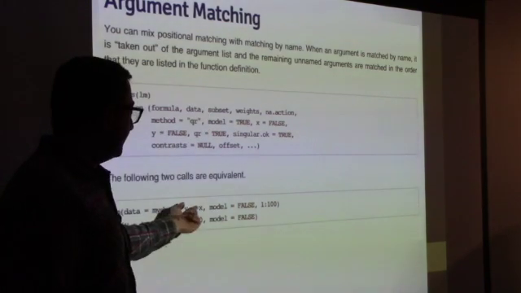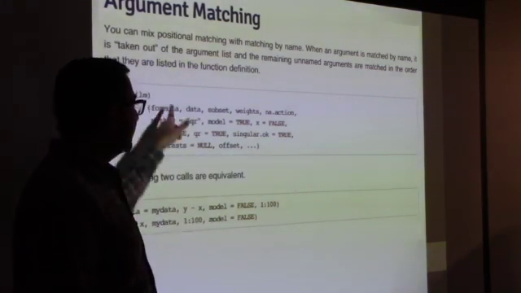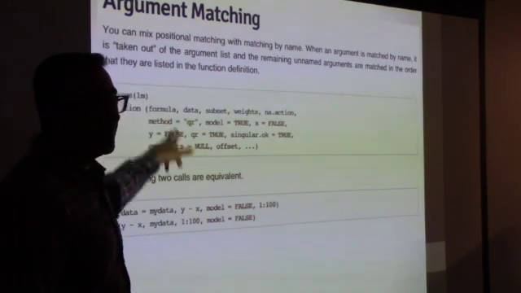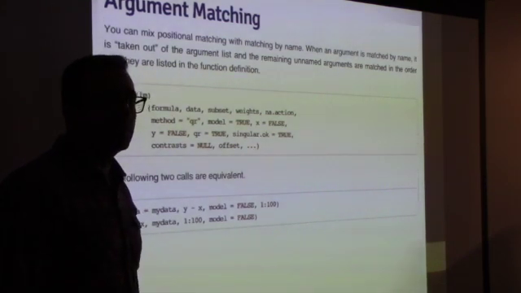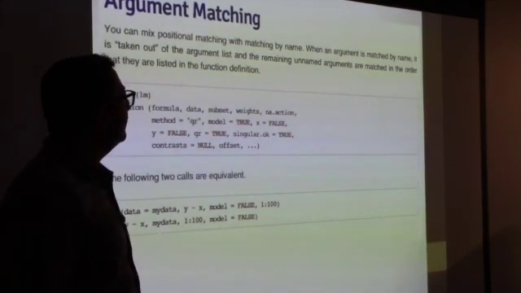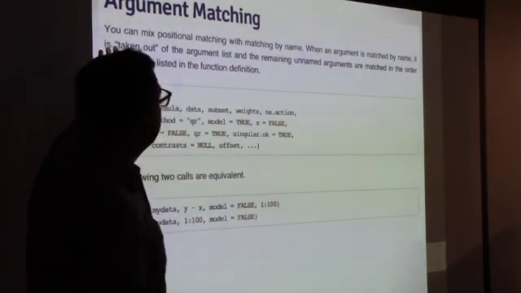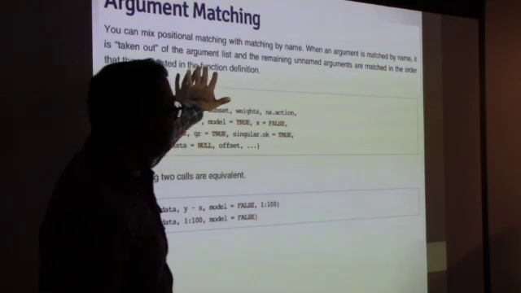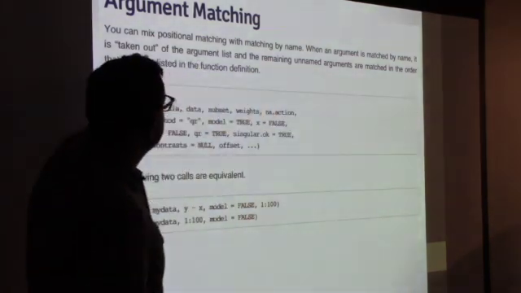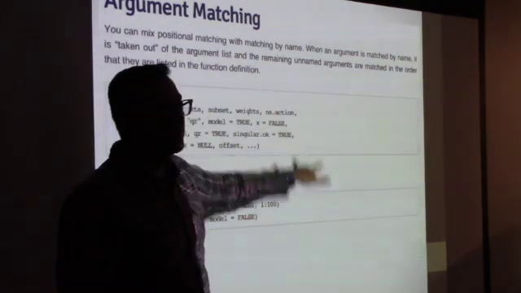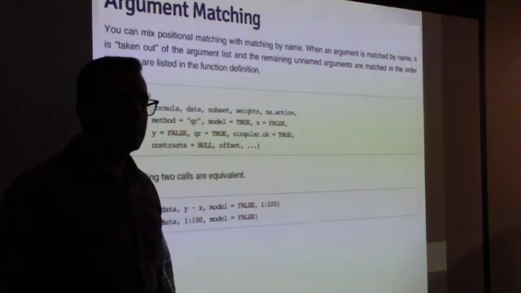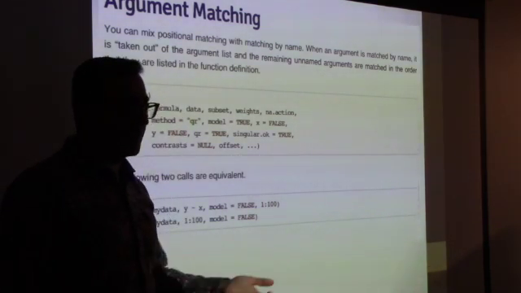So whatever is the first thing after a named argument will match to the next thing that is available in your argument list. Does that make sense? So when an argument is matched by name, it is taken out of the argument list, and the remaining unnamed arguments are matched in the order that they are listed in the function definition. That should explain it. If it doesn't, I can explain it again.